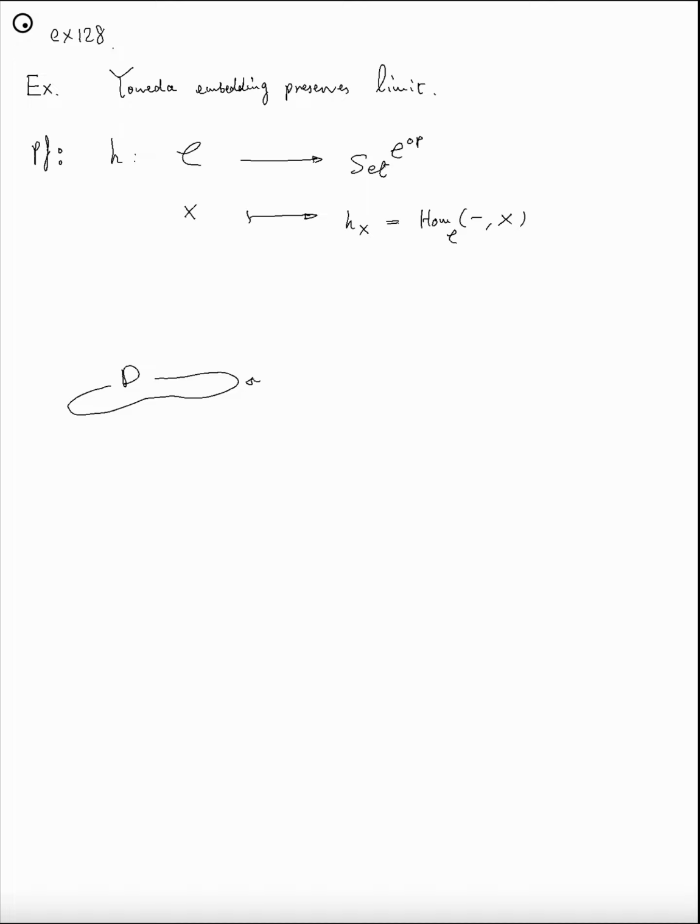Let's say D, of type I. So you have a functor from I to C, and then you have a limit. Let's say I maps to A_I, and then you have a limit.